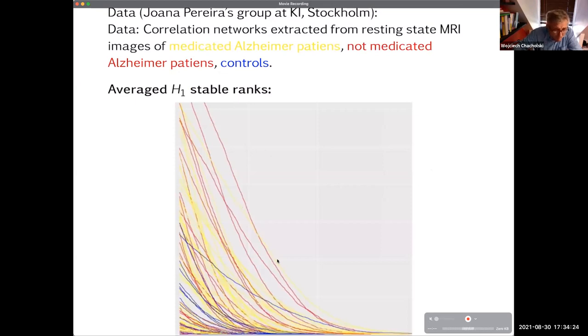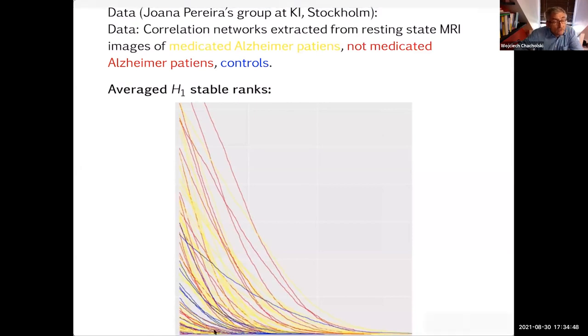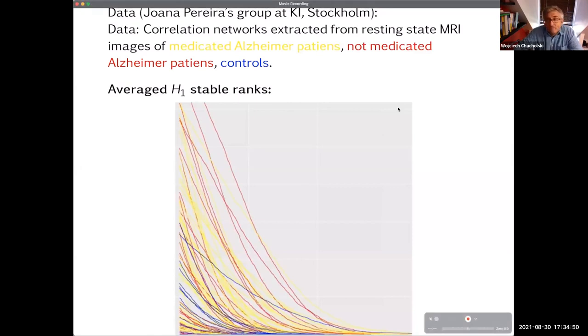And you can see that there's a big subgroup of Alzheimer patients where the geometry of these correlation networks is considerably different than the geometry of the networks of some other patients and controls. Okay. And I think this is 40 minutes, right? Thank you so much for your attention.